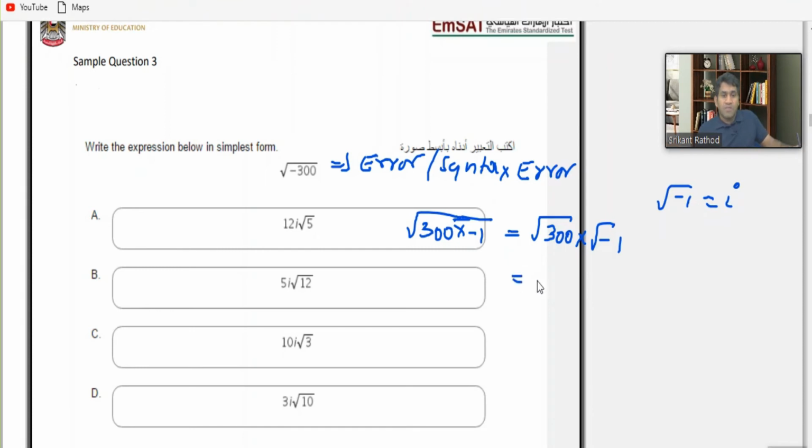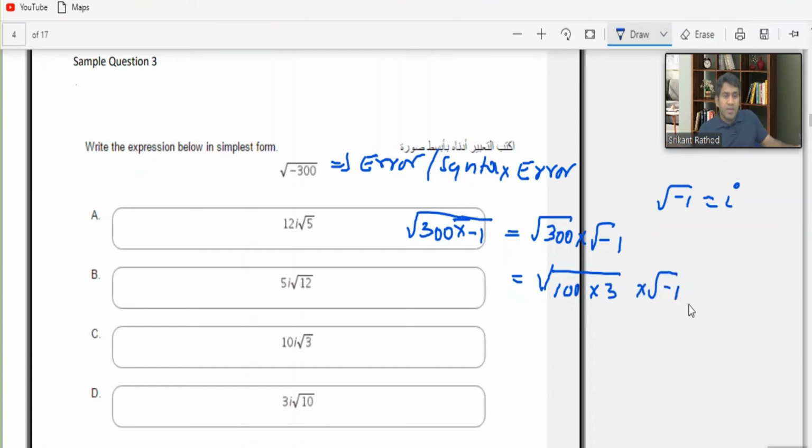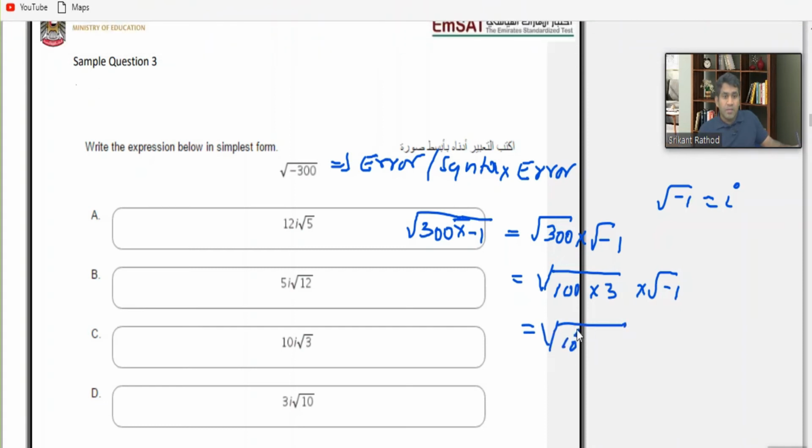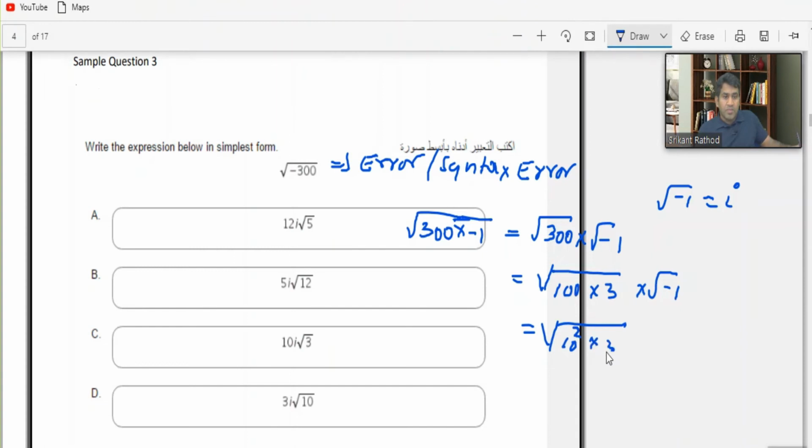Then how do I simplify it? The square root of 300 can be further written as, 300 can be written as 100 times 3, isn't it? So 100 times 3 into square root of negative 1. 100 can be written as 10 squared, times 3. So 10 squared is a perfect square number, and this perfect square and the root will get cancelled.